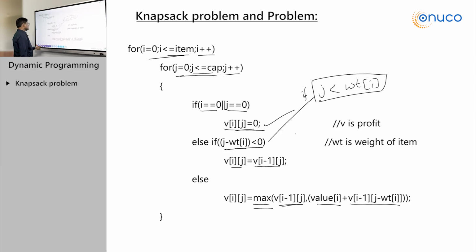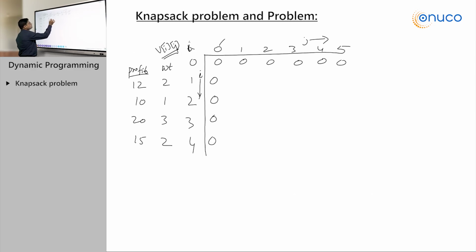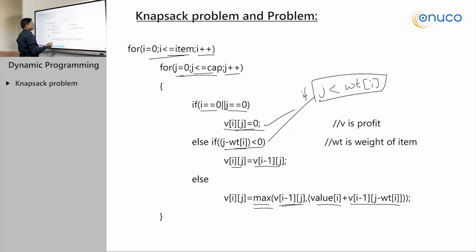Next, what is the position of this? I is 1, J is 1. Just remember that, I am writing it beside: I=1, J=1. For I=1, the weight is 2 and the profit is 12. So the weight is 2, J is 1, and I is not 0, J is not 0. Where will it go?